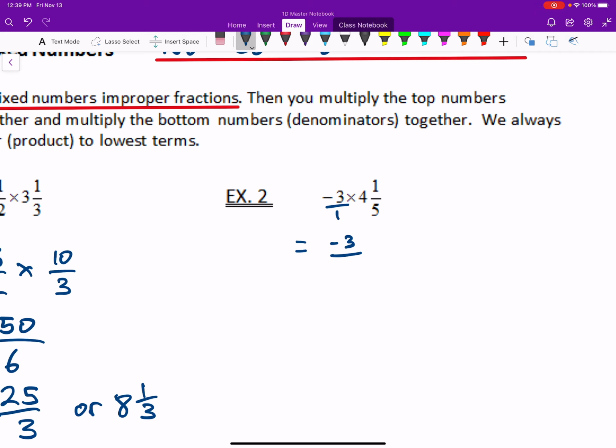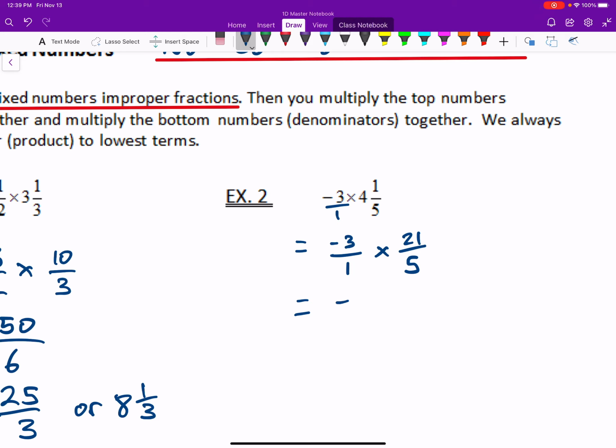As you know, it could go on top, it could go in front of the whole fraction, or it could go on the bottom. We're going to always put it on top for consistency. I'm going to change the other fraction to an improper fraction. 4 times 5 is 20, plus 1 is 21. I was going to get a common denominator until I caught myself and remembered, no, we're doing multiplication. So I won't get a common denominator, I'll just multiply.